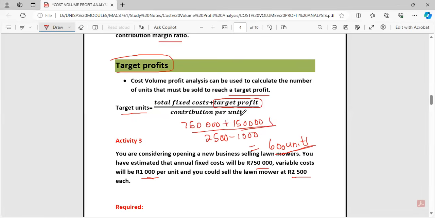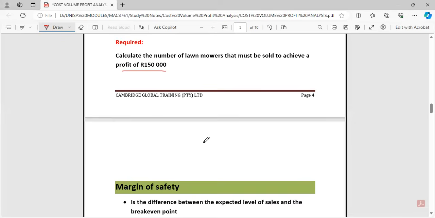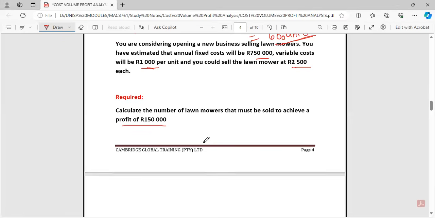So that's the calculation of the break-even point with target units. So in your question, be careful of the word target profit, so that you know you are going to add that target profit to your fixed cost, so that what you are going to make there is now going to cover the profit.